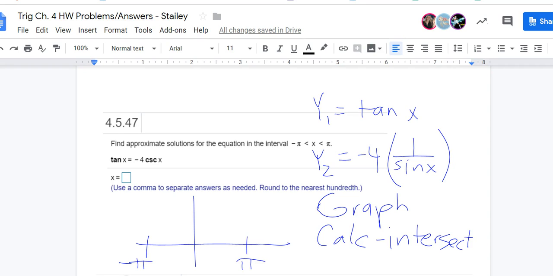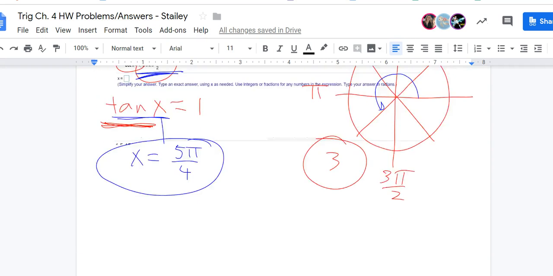It's a reciprocal. Anyway, if you typed those in your calculator and then did the graph between -pi and pi, you could use your calculator to calculate the intersections. If you do not need this question to get to 80%, I'm okay with you skipping it. Okay? I mean, if you absolutely need it to get to 80%, okay. But in fact, I should probably get rid of that one for next year.